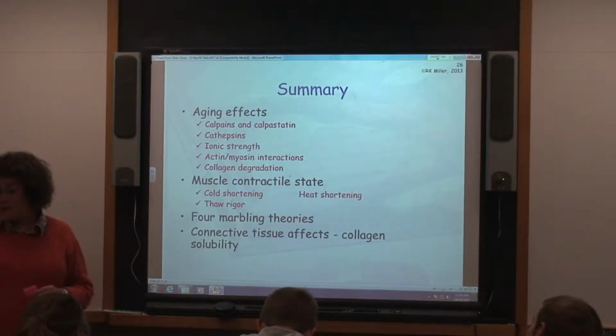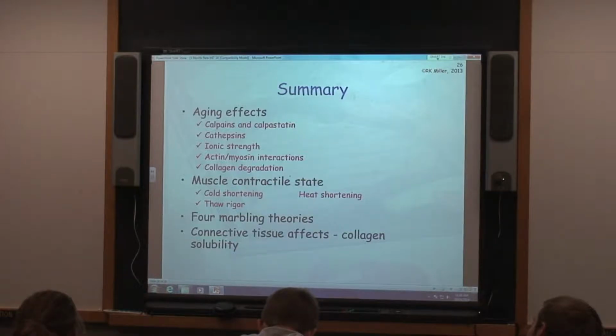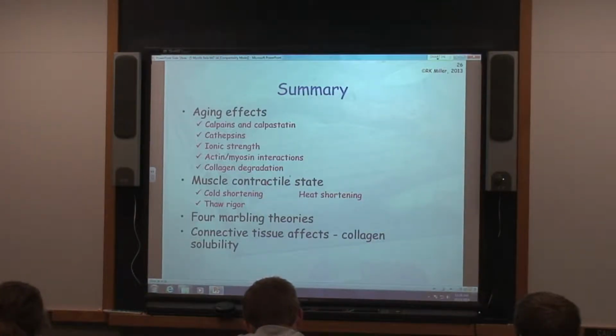This paper just classifies muscles by tenderness, and it has this Table 2, which is wonderful because it has a list of lots of articles that are background articles for you to use.